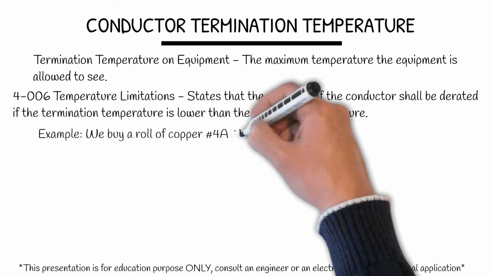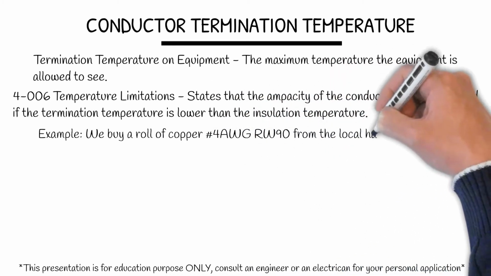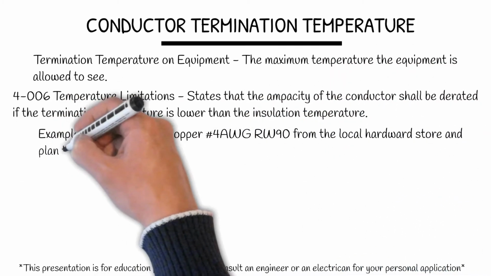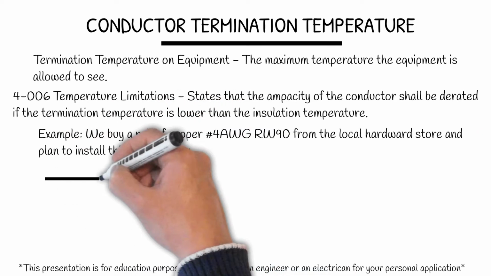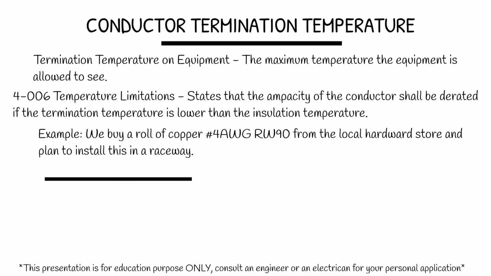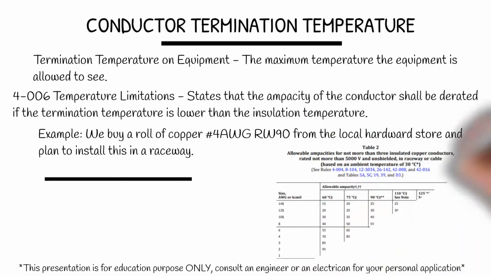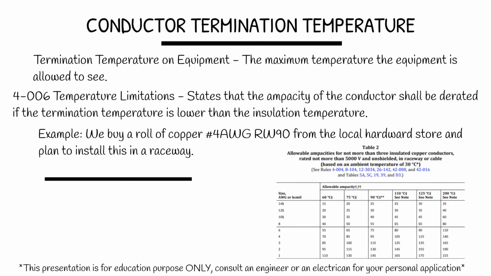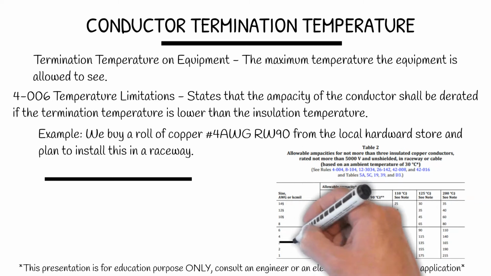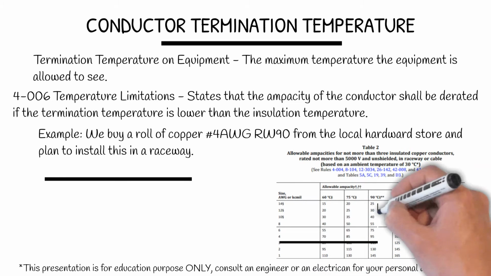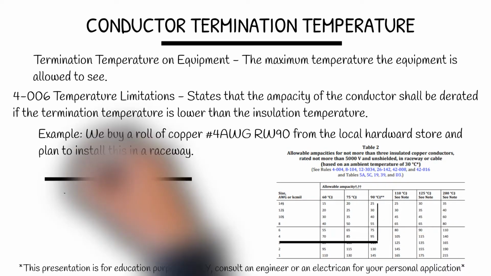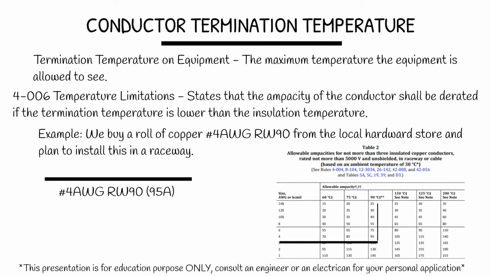Example, we buy a roll of copper number 4 AWG RW90 from the local hardware store and plan to install this in a raceway. So if we look at table 2, and number 4 from the hardware store at the 90-degree column, we see we have 95 amps.